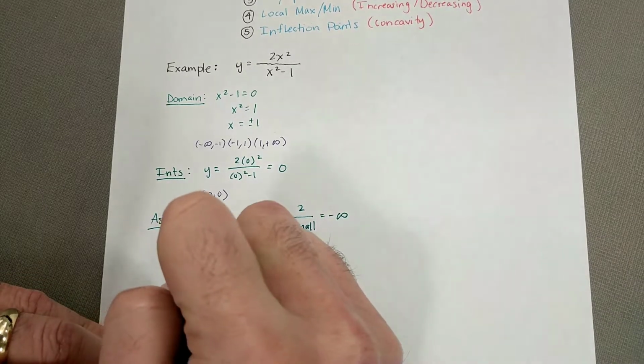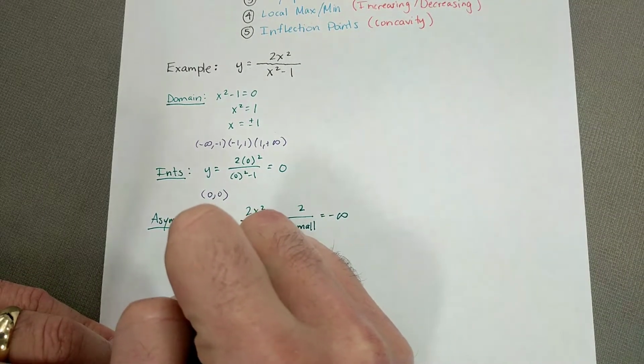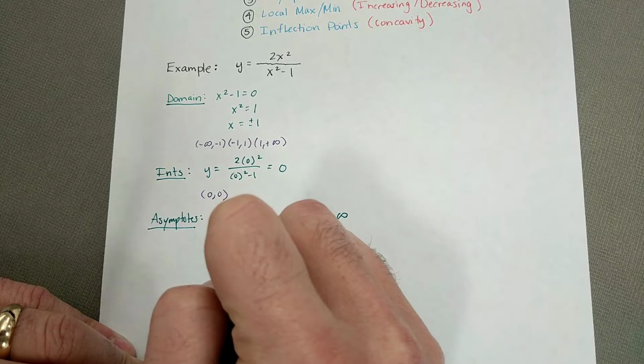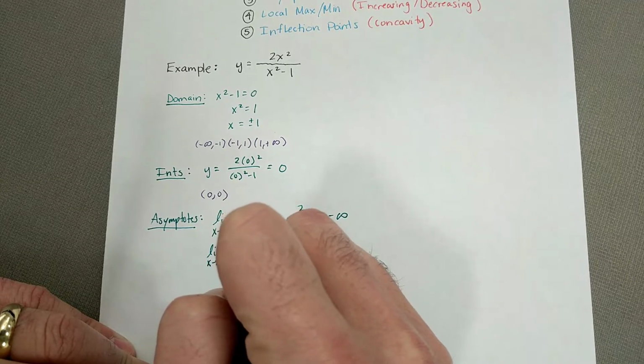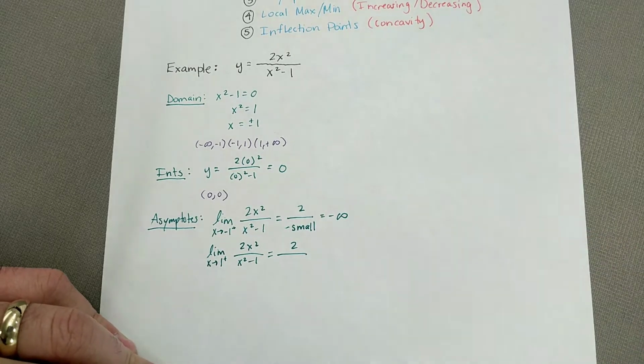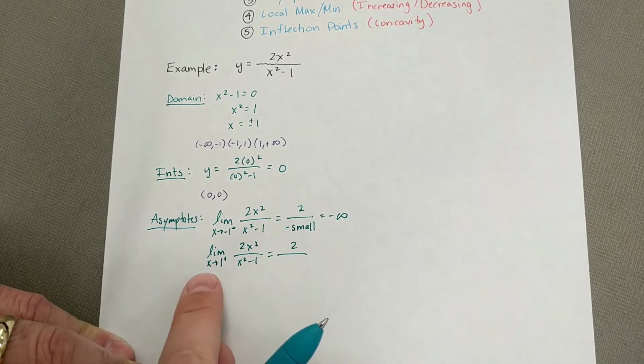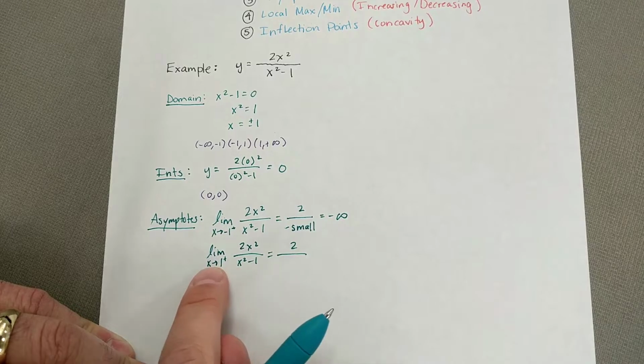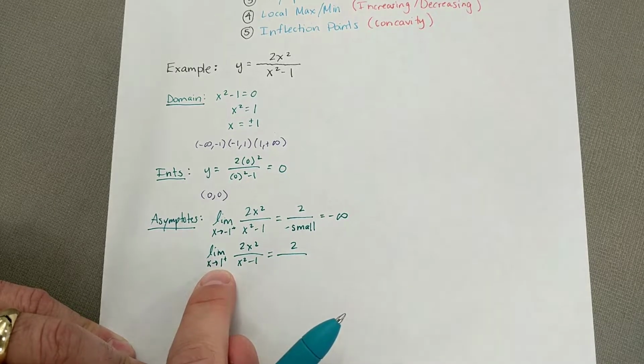And I'll check the other one as well, which was +1. Again, approaching from the right, it really doesn't matter which one you do. You might find they approach different things, but ultimately we're going to end up seeing which way they're approaching from our sign analysis on the derivative when it's increasing, decreasing. So here, 1, a little bit bigger than 1, so like 1.00001.